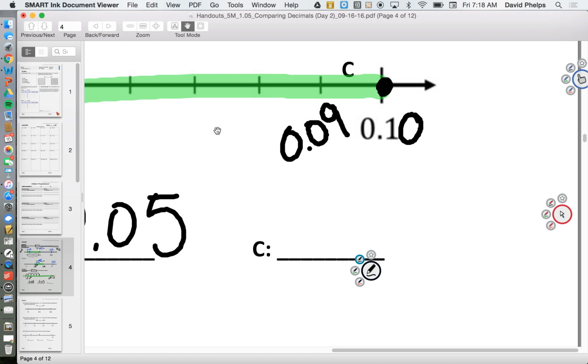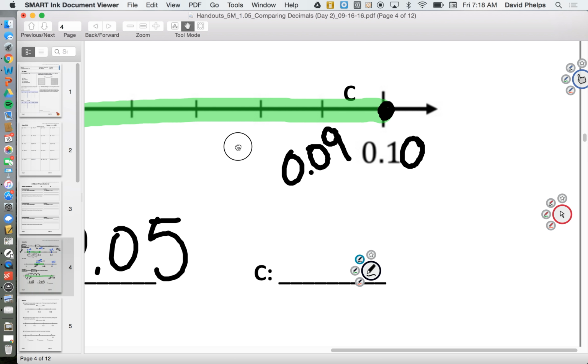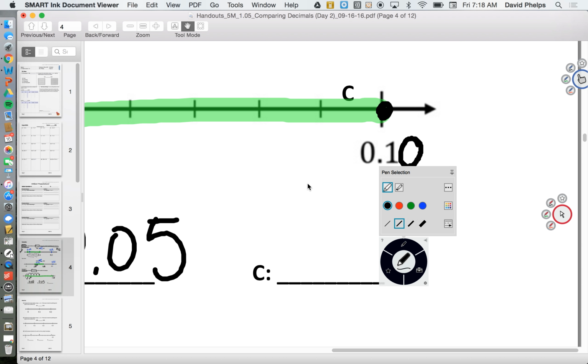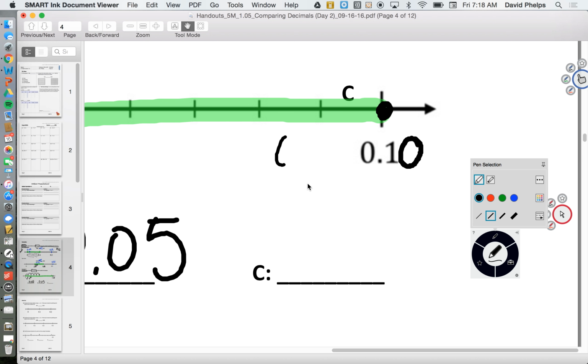Oh, we could start to use our thousandths place. Because we know, I'm going to erase this just so you can see, 9 hundredths is also the same as this. Watch. Here's 9 hundredths, which is the same as 90 thousandths. We can just put that 0 on the end. And 10 hundredths, well, we can put a 0 on the end, and that's the same as 100 thousandths.